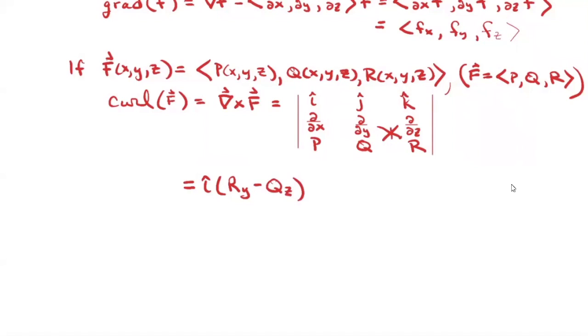And then minus j. And diagonally like this, you'd have Rx minus Pz. And plus k, and here we'll do this determinant, so it would be Qx minus Py.